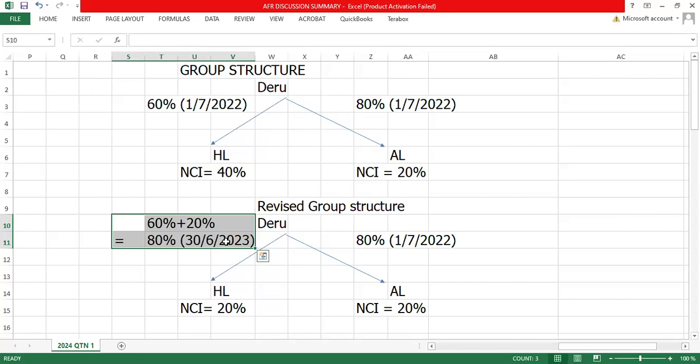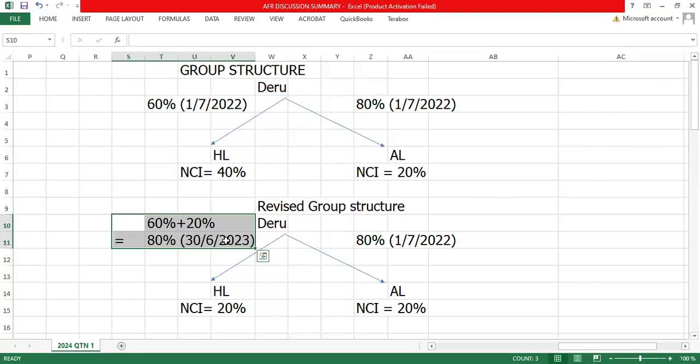So it will be only the statement of financial position that can be affected. If you're preparing, let's say, an income statement, you're just looking at during the year. But with financial position, you're looking at the year end as at that date.